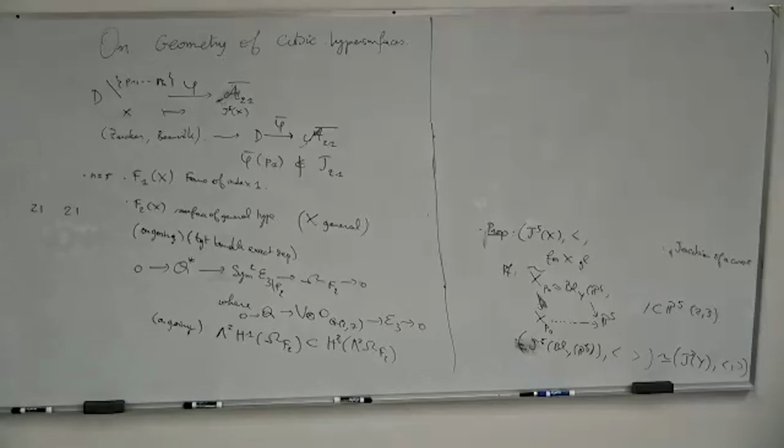The map is not defined on this P2 that I add, the length 2 subscheme supported on the line. When you blow it up, you find that it is isomorphic to the blow up of this thing.